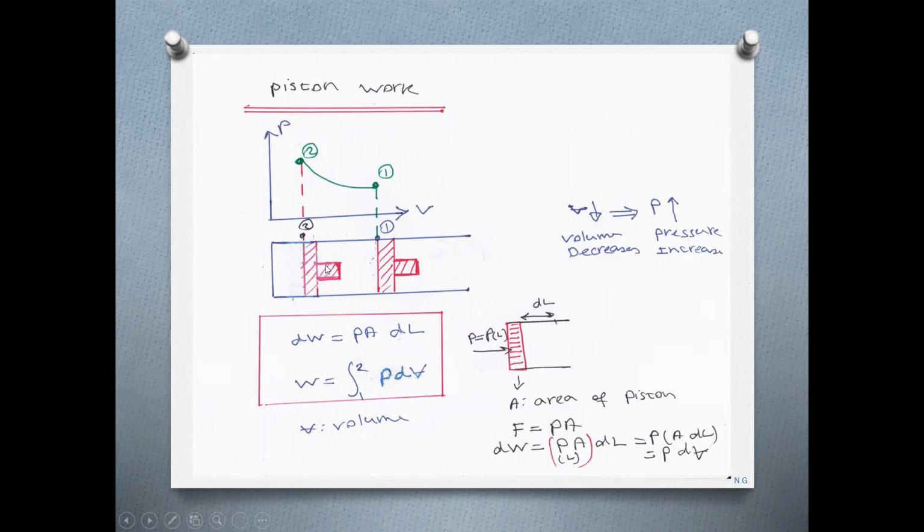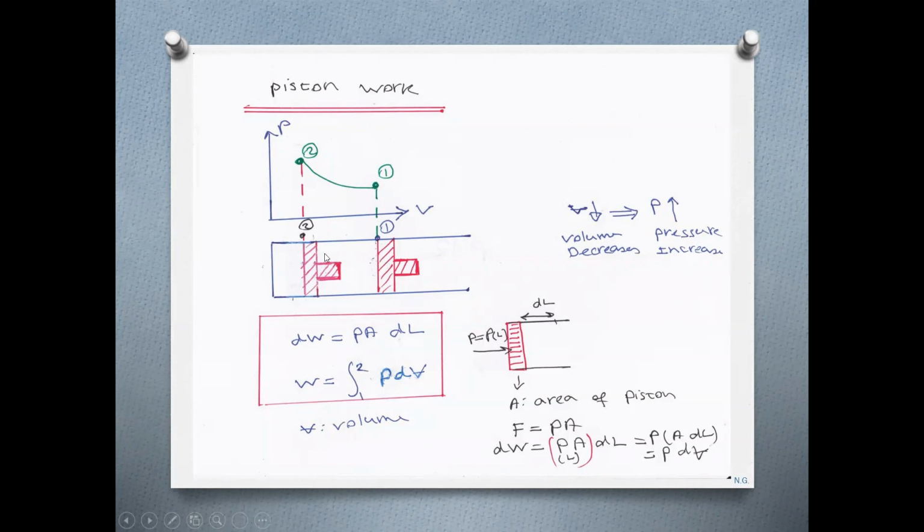And then you want to calculate the work done. The pressure is not constant all along. If the pressure was constant, you would say, okay, pressure is force per unit of area, so I multiply pressure by the area of the piston, and that gives me the force.